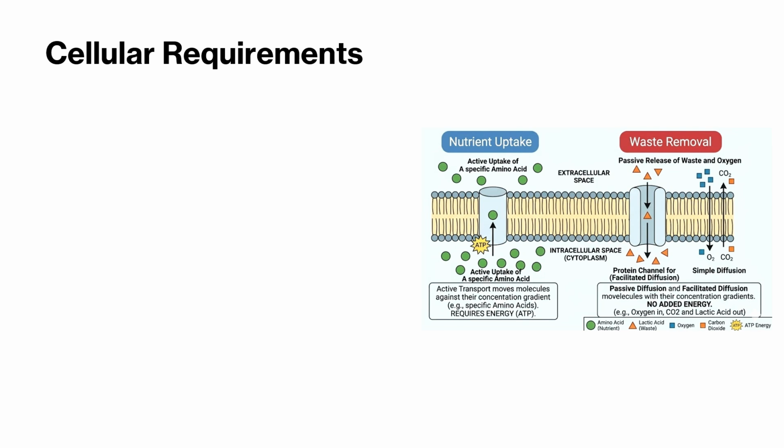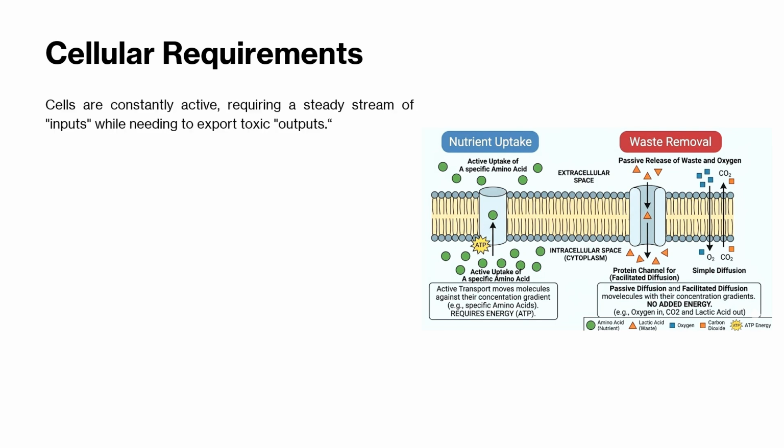First of all, to understand how things move, we first need to understand why they move. A cell is never truly still. It is constantly active, almost like a tiny engine that never switches off. Because of this constant activity, every cell has a list of requirements, things it must take in and things it must kick out.